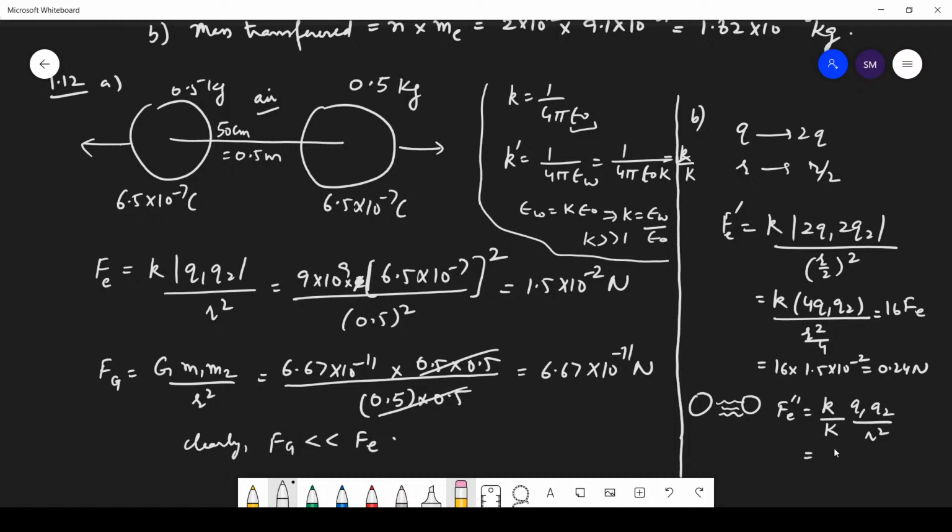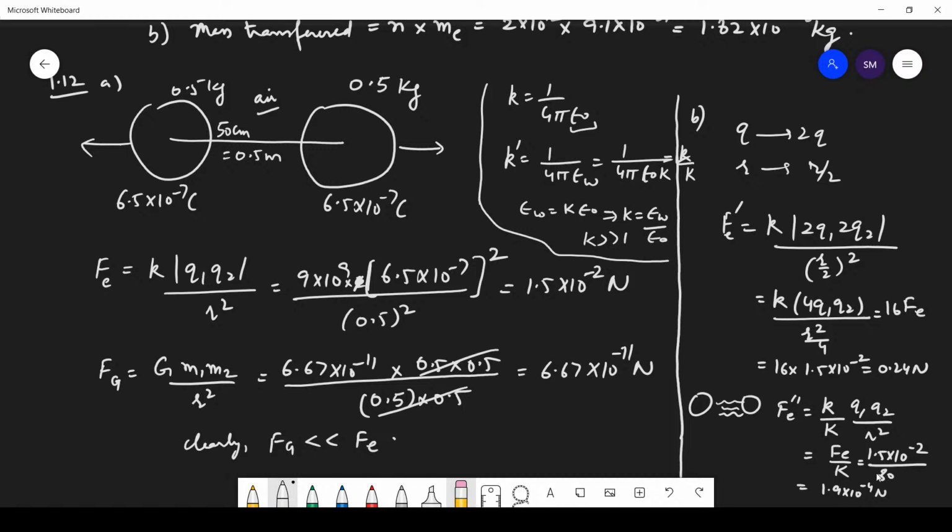So it means this is Fe upon K. Fe is our 1.5 into 10 to the power minus 2 divided by 80, the dielectric constant of water given to us, and this comes out to be 1.9 into 10 to the power minus 4 Newton.